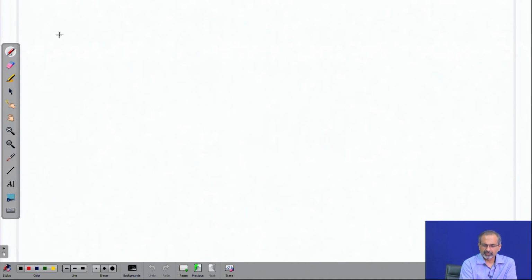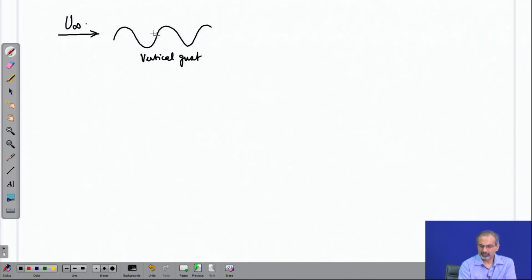There could be other examples, for instance, that instead of a uniform flow, we have a vertical gust, which is modeled using a sine wave, and we can imagine what the response of an airfoil will be when it faces a combination of these velocity components.